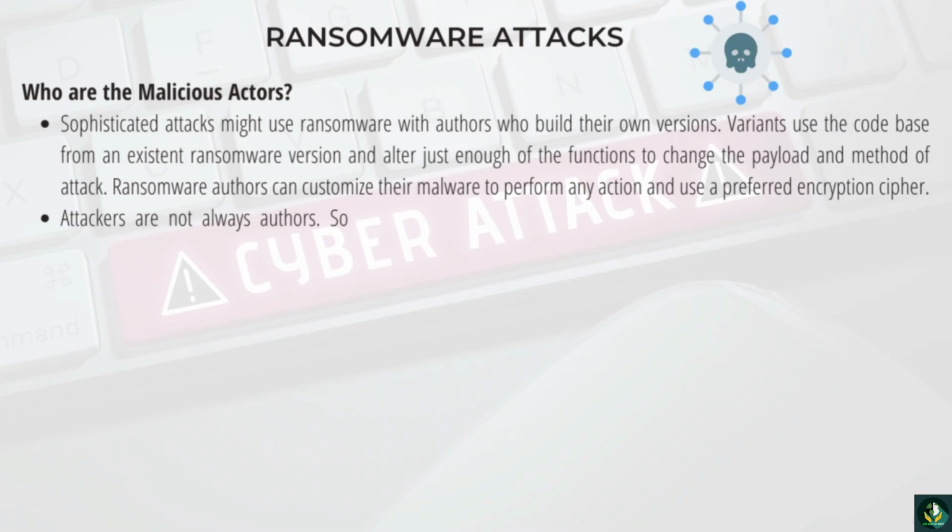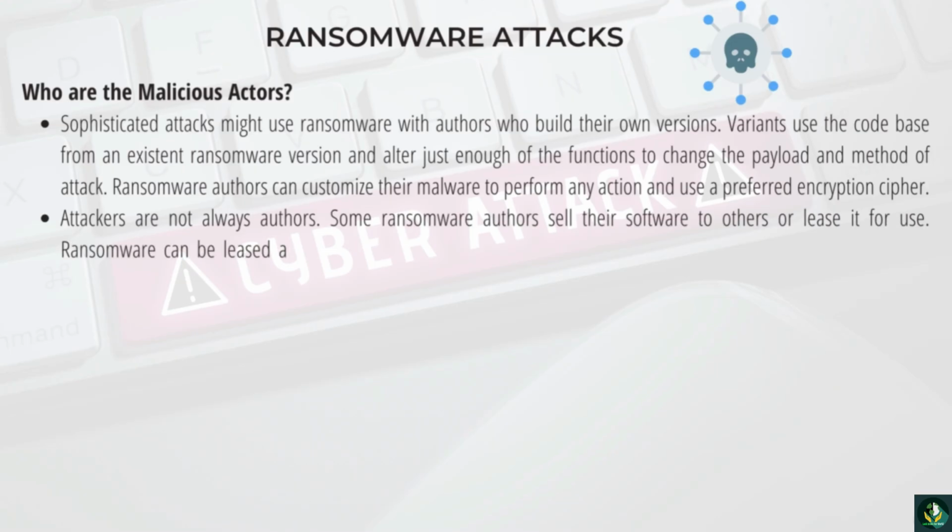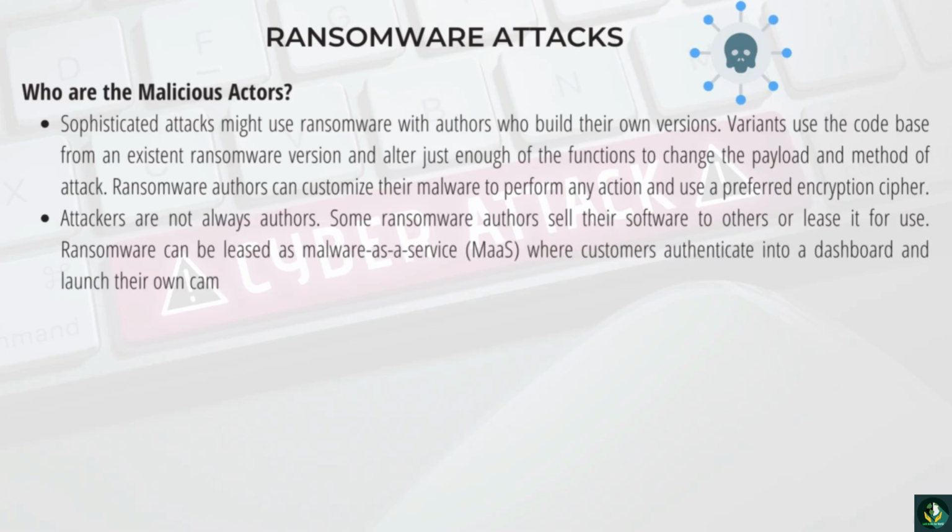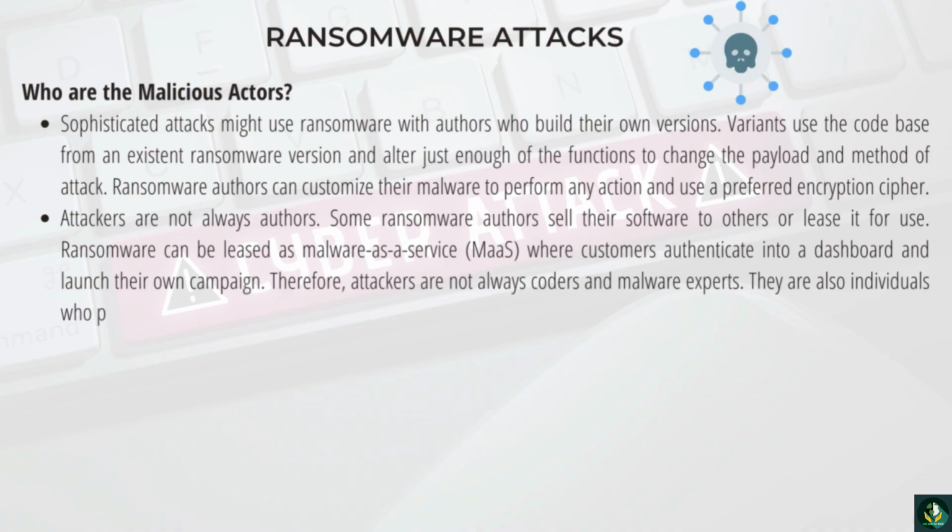Attackers are not always authors. Some ransomware authors sell their software to others or lease it for use. Ransomware can be leased as Malware as a Service, MaaS, where customers authenticate into a dashboard and launch their own campaign. Therefore, attackers are not always coders and malware experts. There are also individuals who pay authors to lease their ransomware.